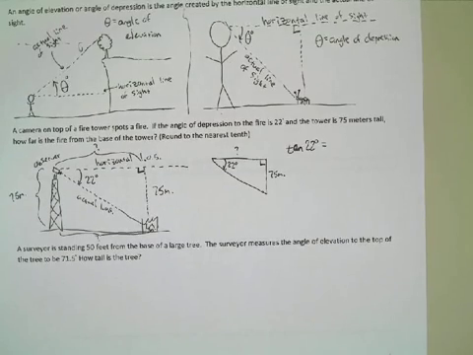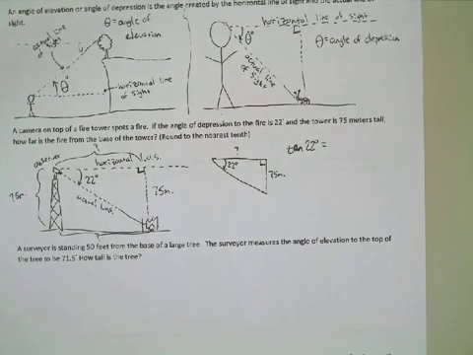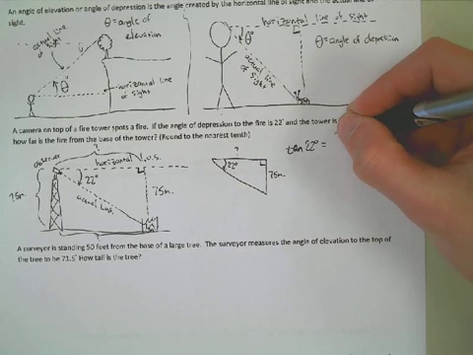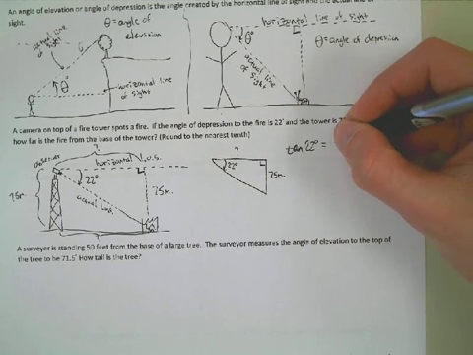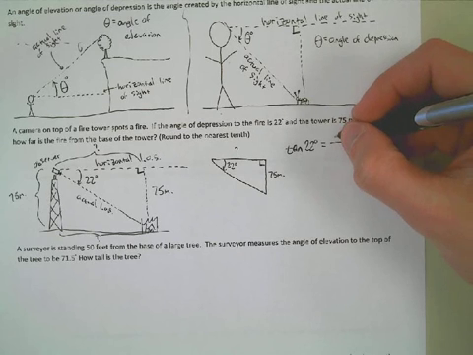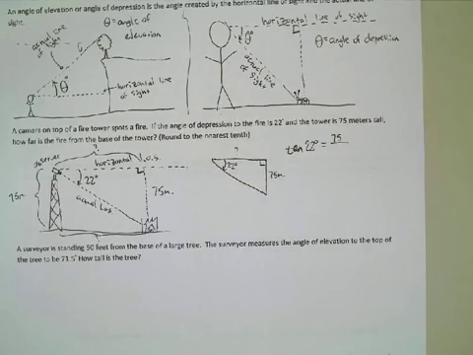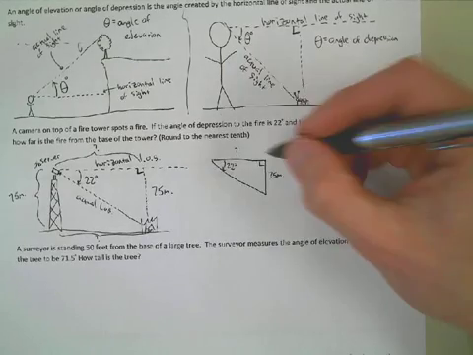So equals what over what? What's our opposite side from the 22 degrees? 75. Over the unknown, right? We don't know that one, so we'll call that x. Okay?